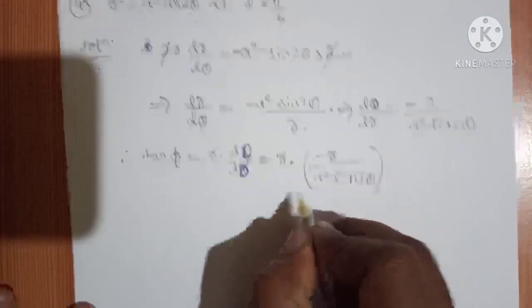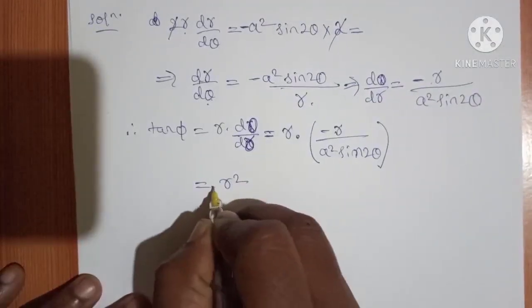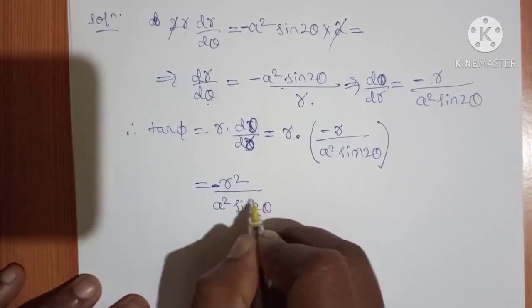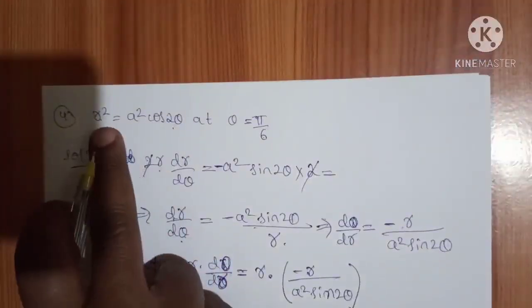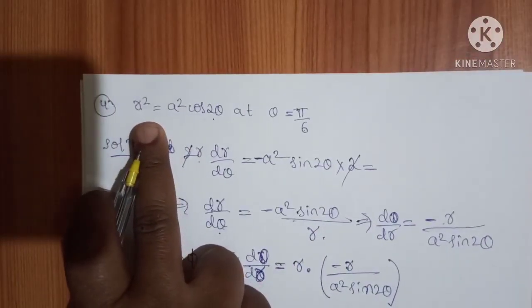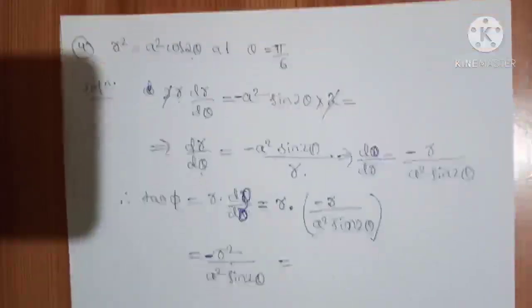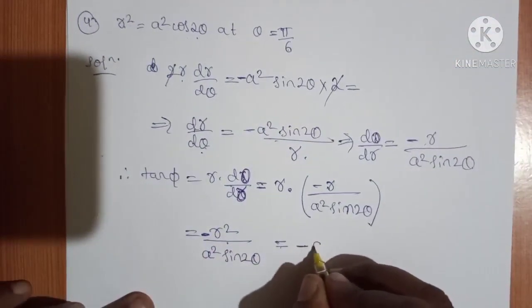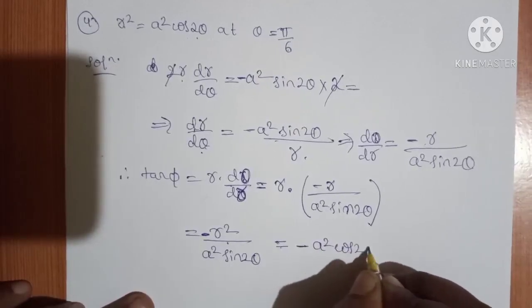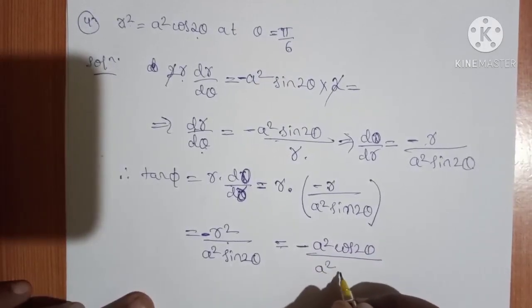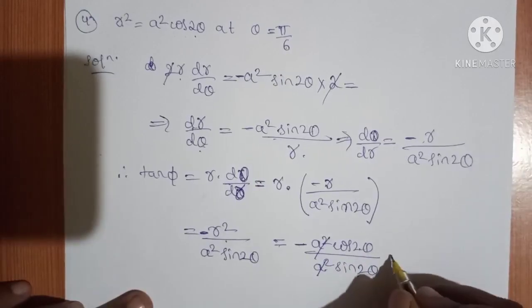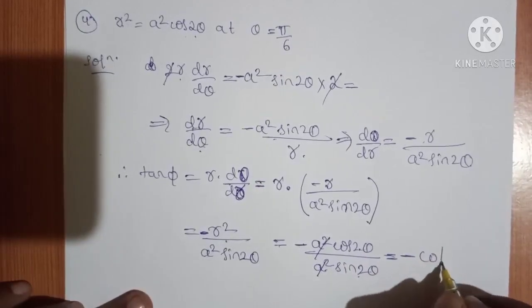Now r into r becomes r square, over a square sin 2 theta. From the given equation we can substitute this r square value, r square equals a square cos 2 theta, divided by the denominator as it is, a square into sin 2 theta. The a square cancels, cos by sin gives cot, that is minus cot 2 theta.